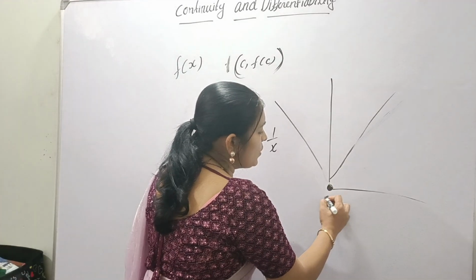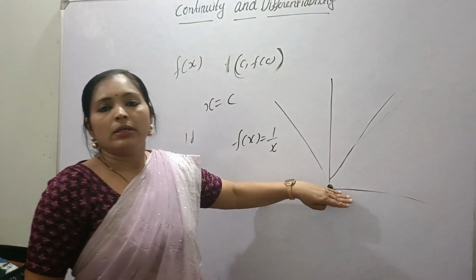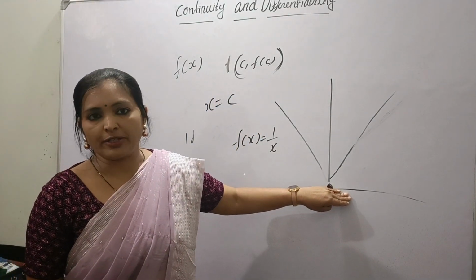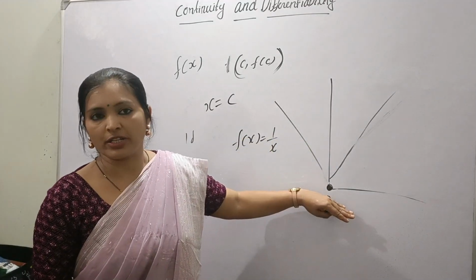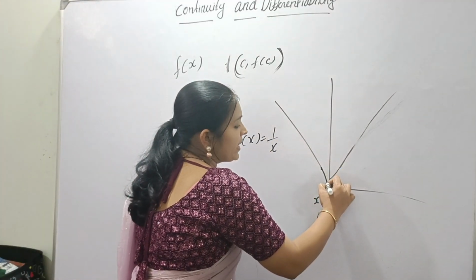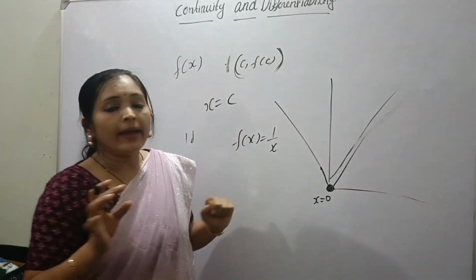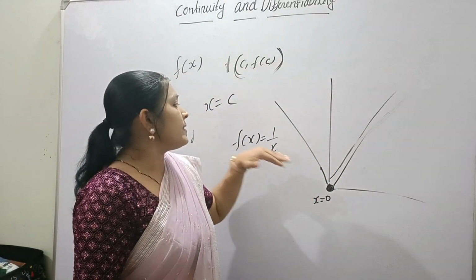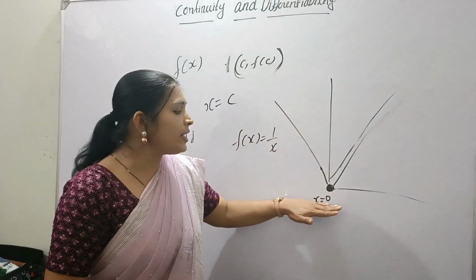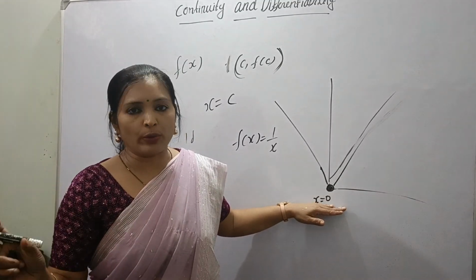The graph breaks here and starts again from here. Therefore we say this function is not continuous at x equal to 0.